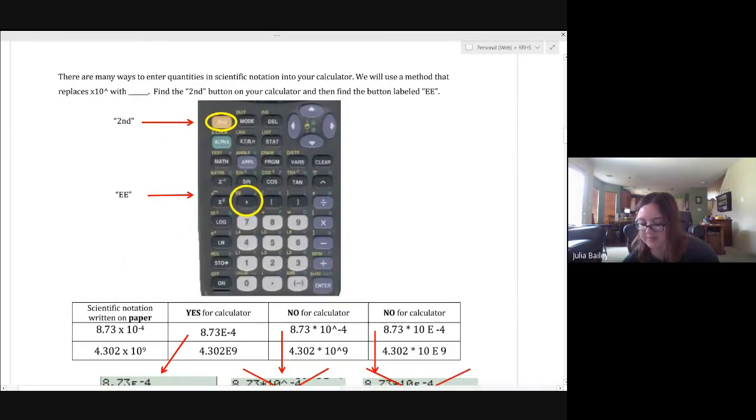There are many ways to enter quantities in scientific notation into your calculator. We're going to use a method that replaces this times 10 with a caret with a capital E instead. So the way this works is on a graphing calculator. If you have a TI-83 or a TI-84, then there's a special place where you can type to get this E, and then it ends up being less to type, and you don't have to worry about parentheses if you type it this way.